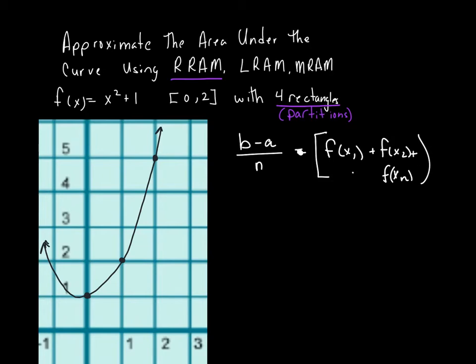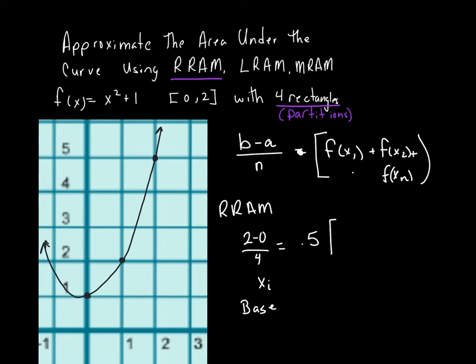So for the right hand approximation method, that's going to give me 2 minus 0 divided by 4, or that tells me each of my rectangles are going to have a base, delta x, equal to 0.5.